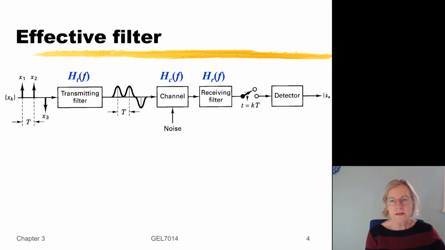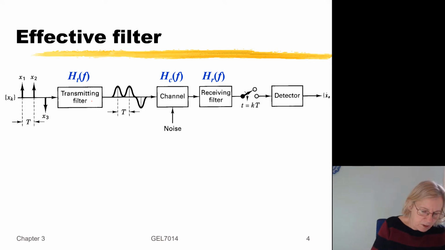So this is a typical communication system. And we have the transmitting signal, which has a certain pulse shape. And what we can do to represent the pulse shape is to have a pulse shaping filter at the transmitter.